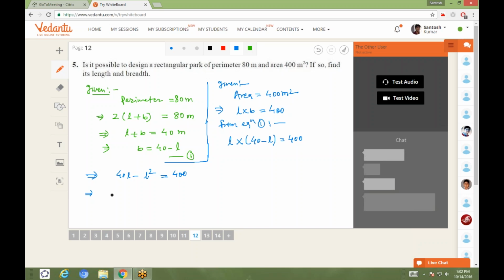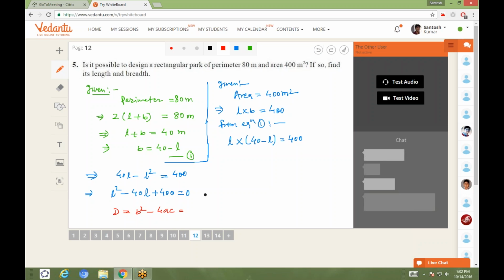Now we'll do transposition. So this is L square minus 40L plus 400 equal to 0. The discriminant is B square minus 4AC. What value did you get? It was coming 0.